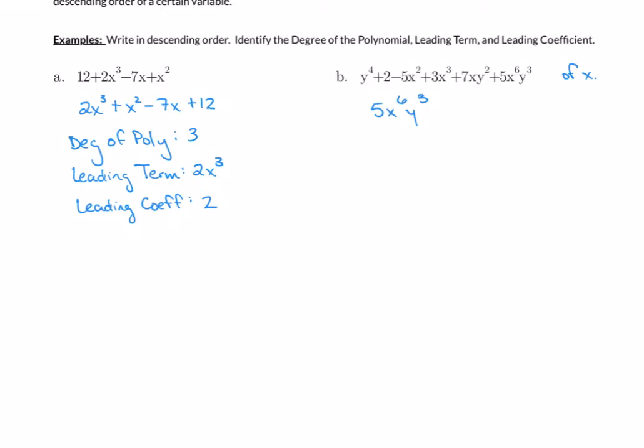Okay, what is my next largest power of x? The next one that I see is 3x cubed. I'm going to kind of check these off as we go along. The next one I see is minus 5x squared.